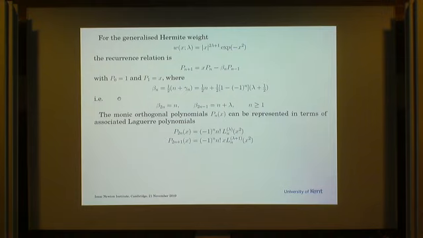So it's an example of where there's a distinct difference between the coefficients when you are even or odd. And also in this particular case, you can represent the orthogonal polynomials in terms of associated Laguerre polynomials. But again, you have to distinguish between whether you're in the even or odd case.